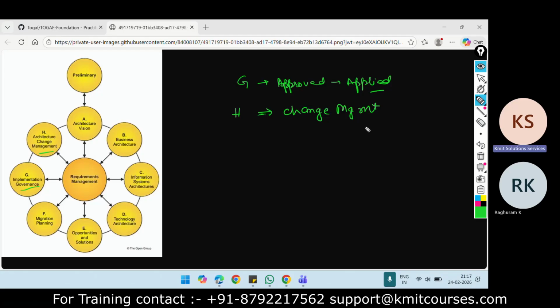So these are the different phases in the ADM. Now, what will happen here?